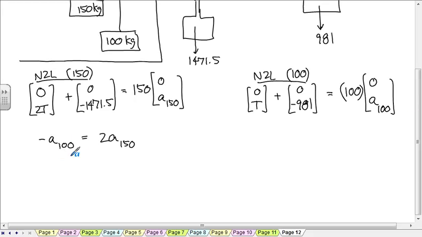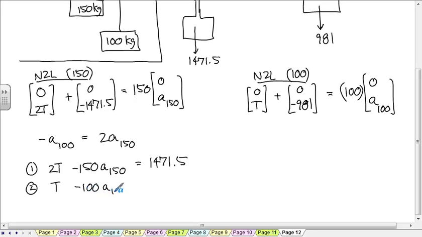And so now you can set up your system of equations. The first one says 2T minus 150 A150 is equal to 1471.5. The second one says T minus 100 A100 is equal to 981. The third one says negative A100 minus 2A150 is equal to 0.